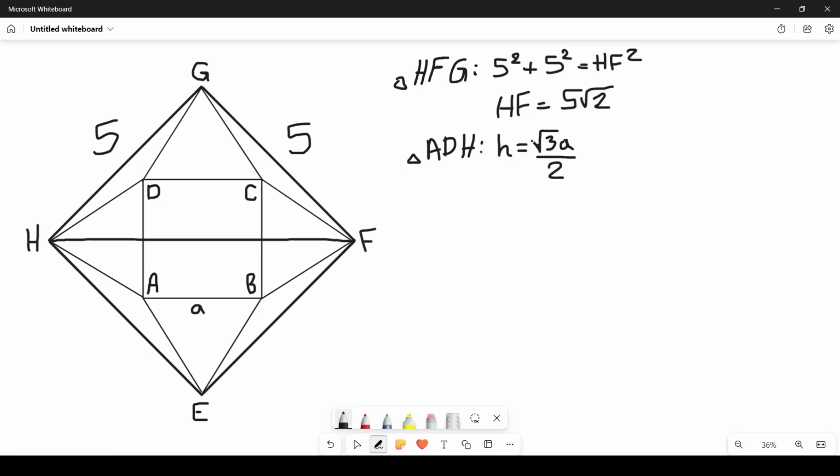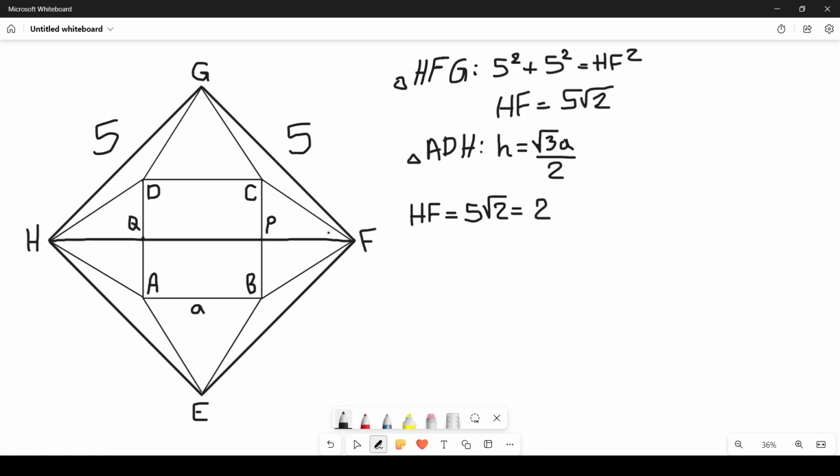Which is good, because now we can state that HF, which is equal to 5 square root of 2, is equal to 2 times, because we have h, let's say this point is going to be Q, and this one is going to be P, just some points.